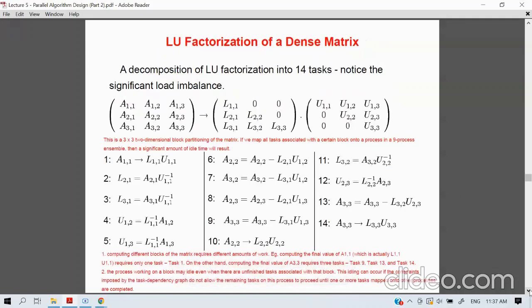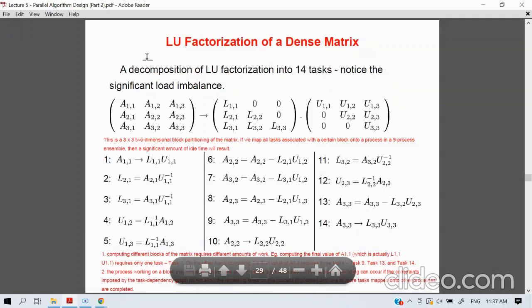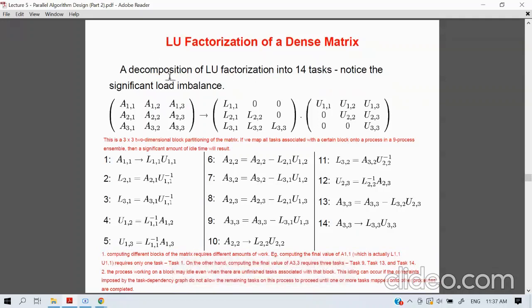Okay, so let's look at the example. This is LU factorization, between L and U. This A is the output. A decomposition of LU factorization into 14 tasks. So we want to find out whether this factorization contains load imbalance or not.